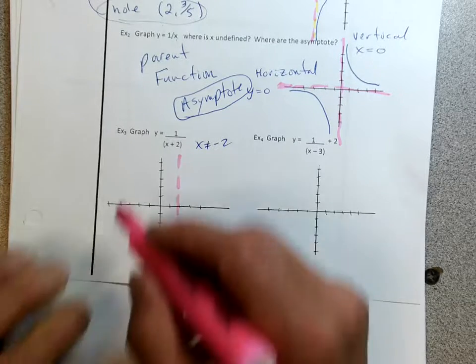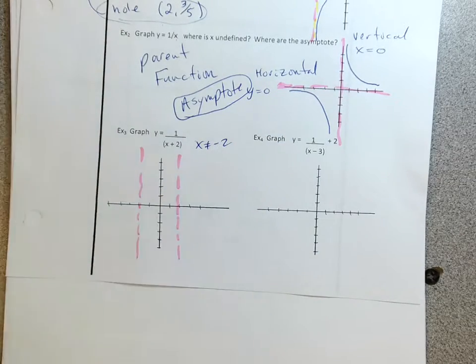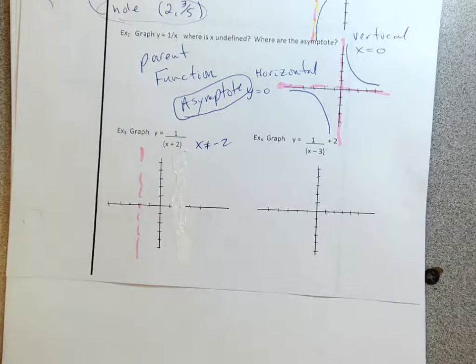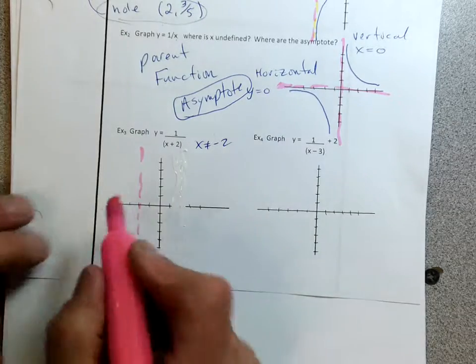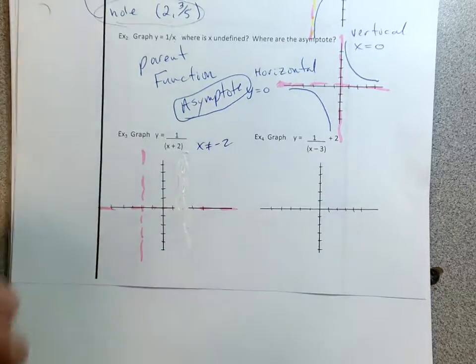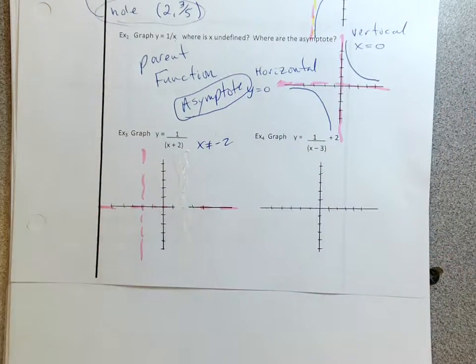Oh my goodness gracious. How about there instead? My bad. It's Monday, huh? Good thing I own whiteout, huh? And I have a horizontal asymptote right here. So I'm going to take this graph, my parent function, and just move it. It's going to look like this.